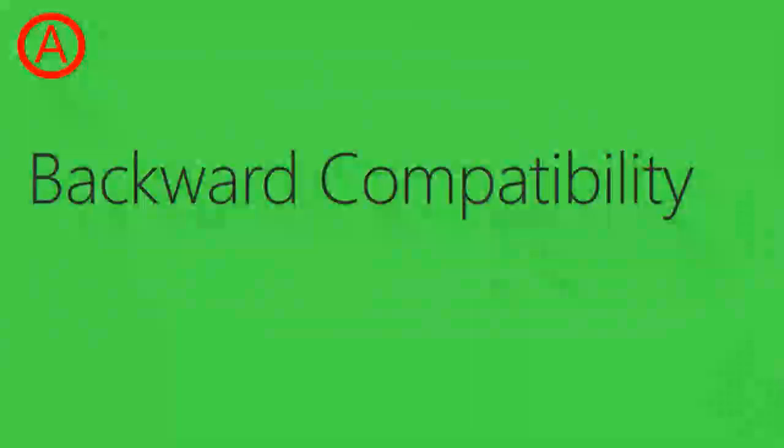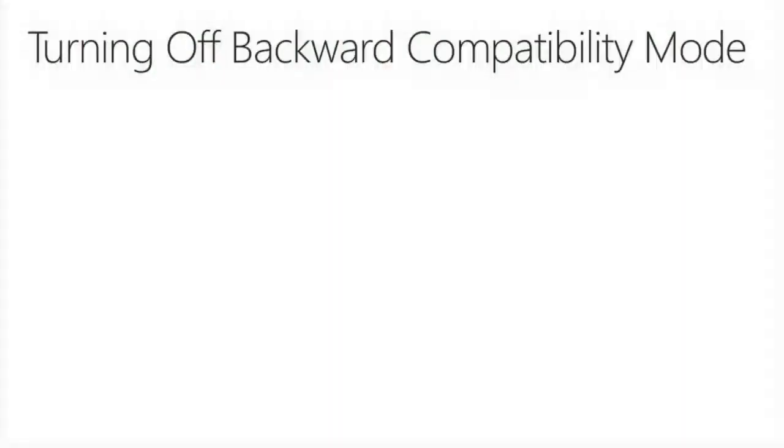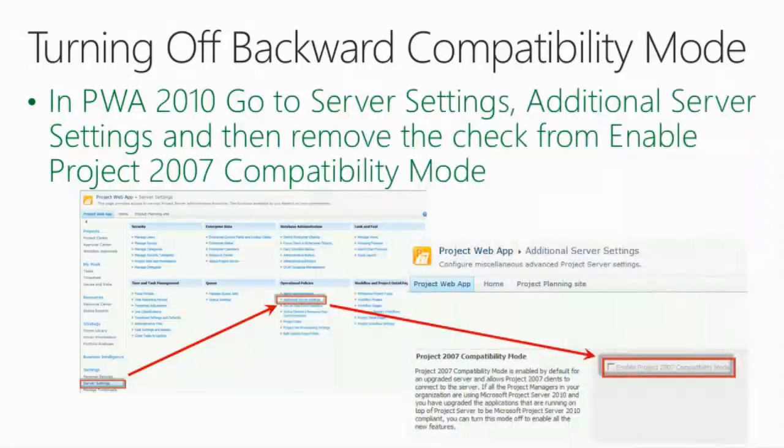So for those of you that are SharePoint administrators with SQL admins and you're not sure how it works in PWA, we're just going to show you how to turn that off. When you get in there, you go to server settings in PWA, you go to operational policies, you go to additional server settings, and in additional server settings, there's a section, you can see it right over here, where there'll be a check mark for backward compatibility mode.